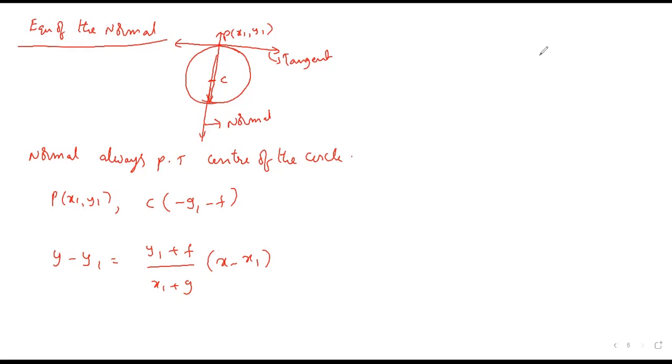Next, from an external point, we can draw 2 tangents. From a point P(x1, y1), if you draw 2 tangents, suppose they touch the circle at A and B, then we know the lengths PA and PB are both equal, and now we find the length of the tangent.